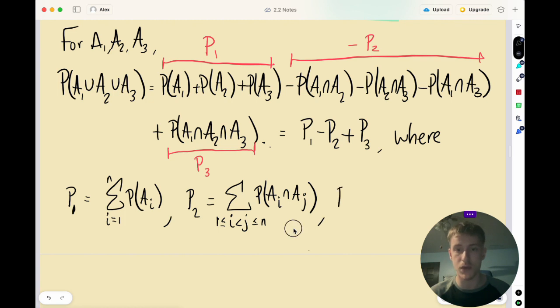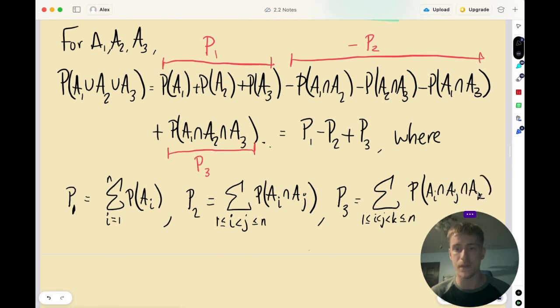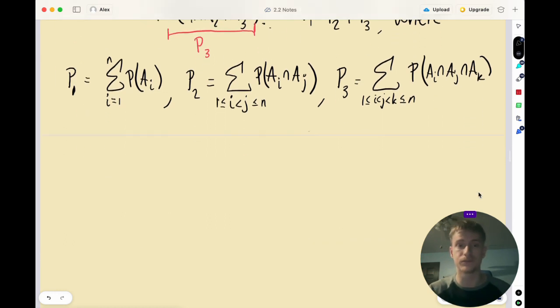Okay, so what would P3 be? Well, we can probably generalize and say, now we introduce a third index, maybe call it k, where i, j, and k are going to be between 1, possibly including 1, and n, possibly including n, of the probability of A_i intersect A_j intersect A_k. I think you know where I'm going with this notation.